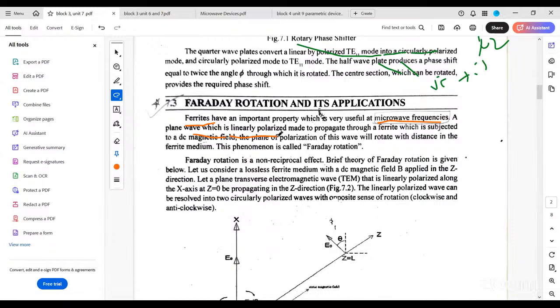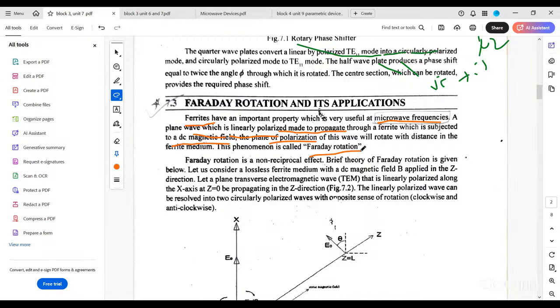A plane wave is passing from input to output through the ferrite material. A plane polarized wave propagates through the ferrite, which is subjected to a DC magnetic field. Here we are applying a magnetic field. Then the plane polarized wave is rotating across the ferrite material. This is called Faraday rotation.